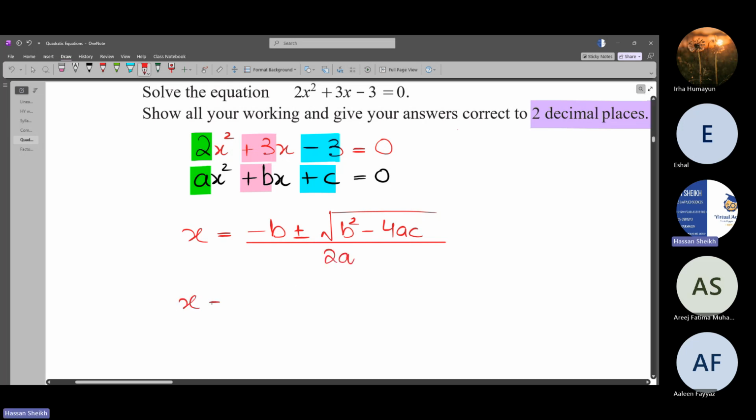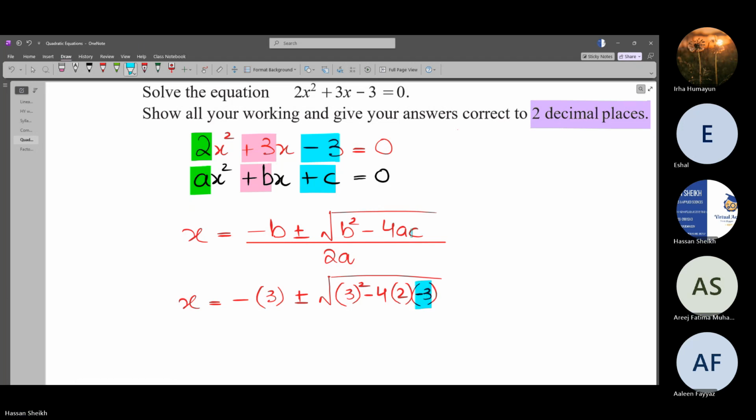Minus b means minus bracket open 3. b square means 3 square, minus 4a, where a is 2 and c is minus 3.